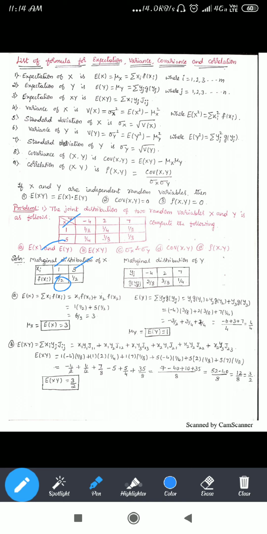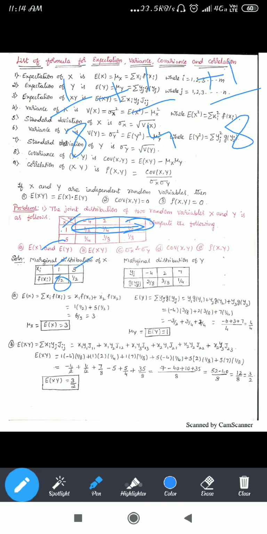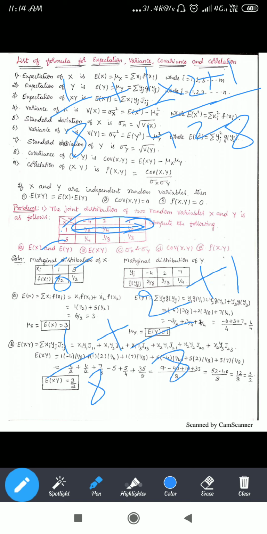For 1, see students, this is 1. So for 1, the JPD values are these three. It means 1 by 8 plus 1 by 4 plus 1 by 8. The denominator 4 we'll make as 8 by multiplying by 2 by 2, so that you get 1 by 8 plus 2 by 8 plus 1 by 8.